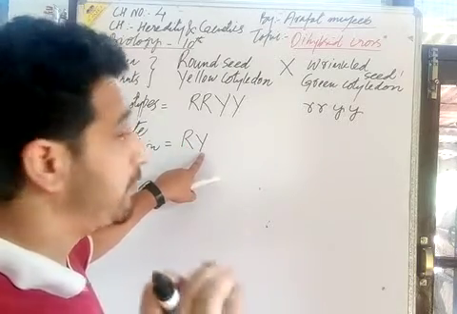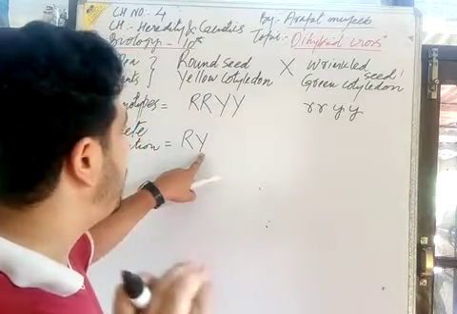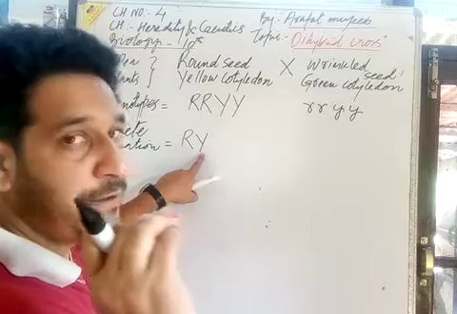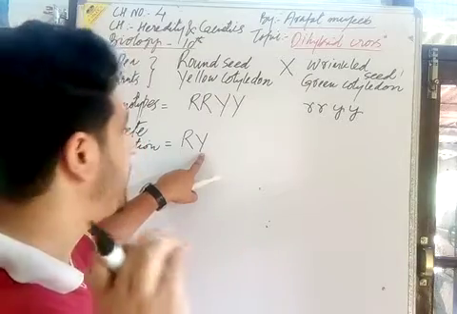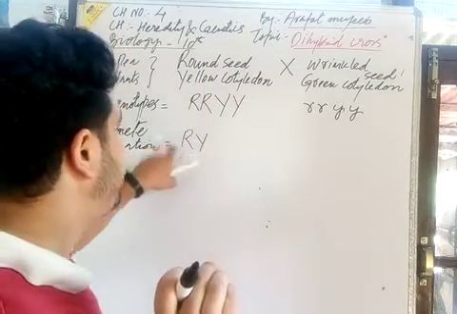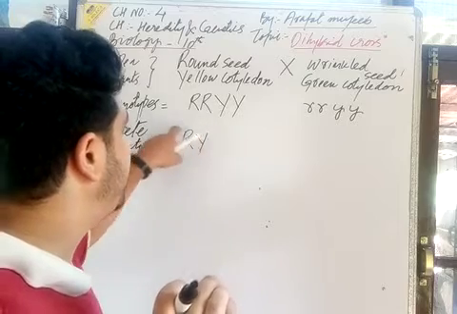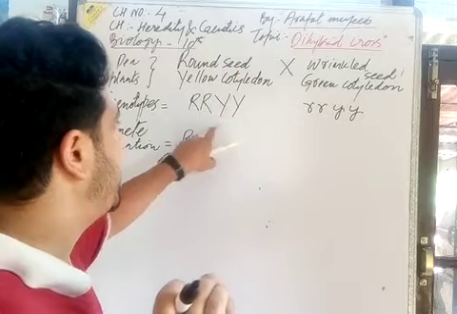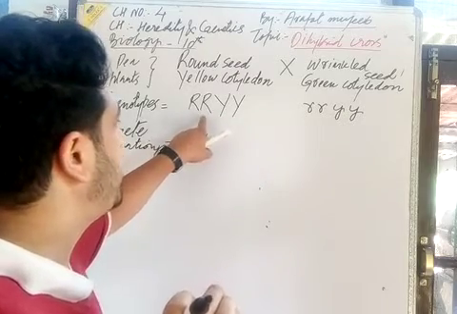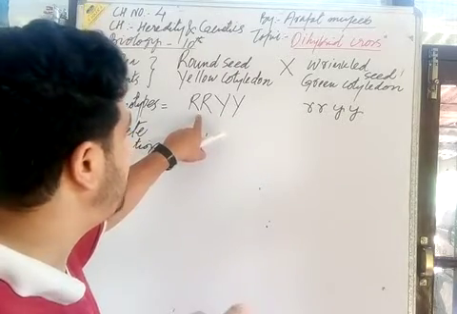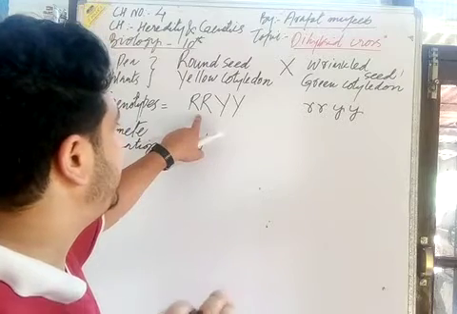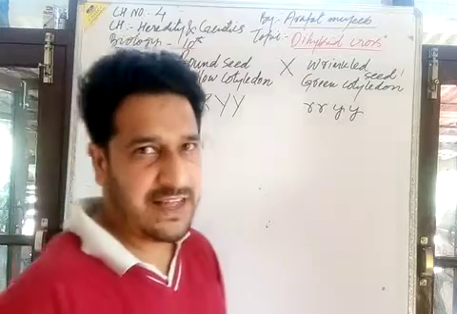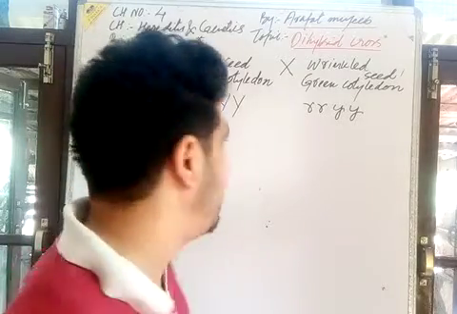Haploid means a single number of allele, single number of factor, single number of gene, that is why. That means this is a gametic cell, and in this gametic cell you see this also has a haploid number, this also has a haploid number. That means a pair of factors here separate out, and each factor, the haploid number, is transferred to the gametic cell, that is the sex cell.